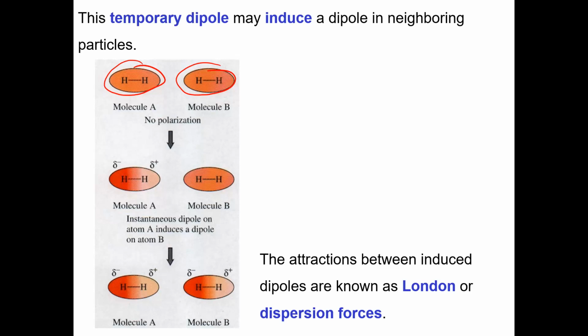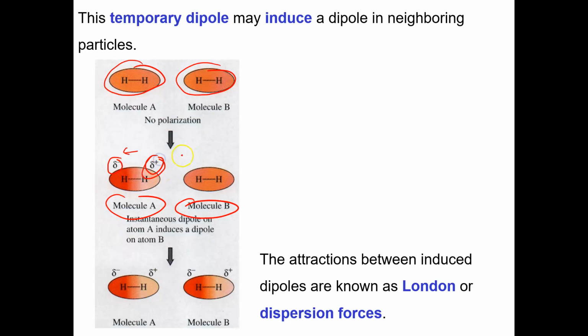What happens is that in one of our molecules, the electrons just move a little to the left, randomly. Now we have a temporary dipole, where one end of our molecule is a little bit positive and the other end is a little bit negative. Now we need to think about how this interacts with a second molecule.